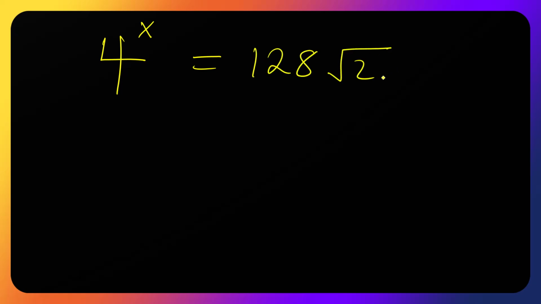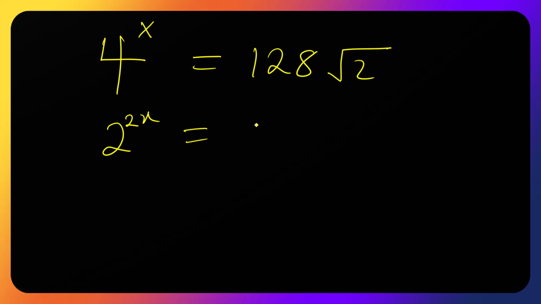Now let's observe this. 4 to the power of x equals 128 times the square root of 2. Now, because the least number here is 2, let's change everything to 2. So this side will be 2 to the power of 2, and this one is the same as 4 to the power of x.